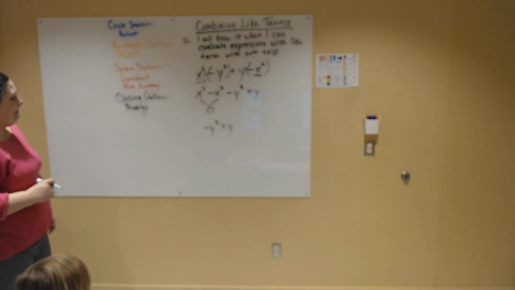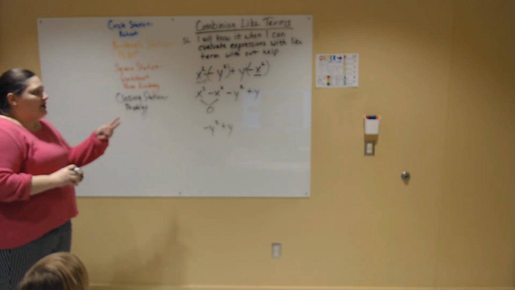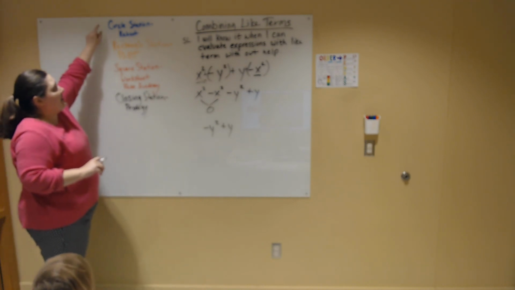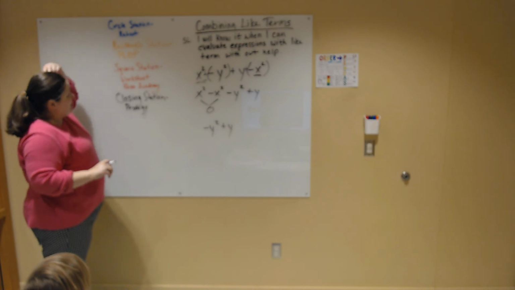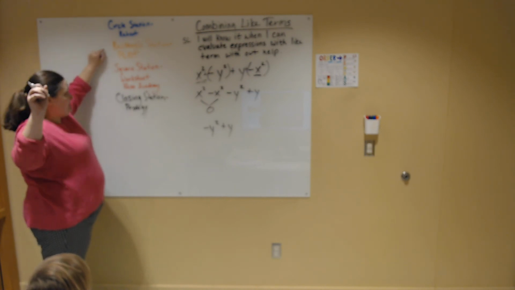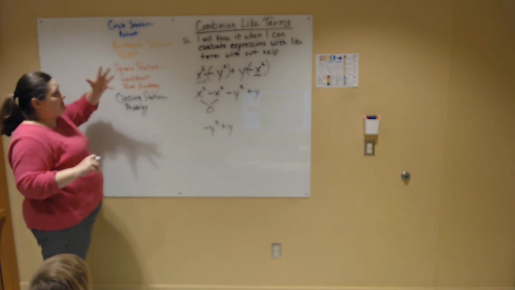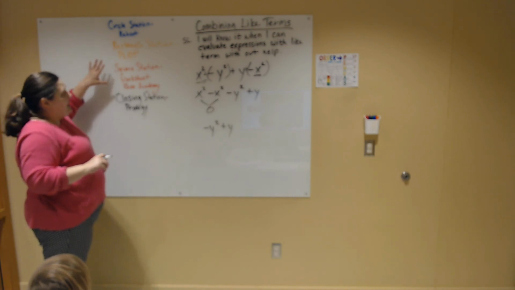Okay? We good? All right, so today, in order to practice this, we're going to go on our stations. First, our circle station is going to be a Kahoot with me. Then the rectangle station is going to be with Miss Grace. We're going to be doing an activity to help you guys get your variables down. And then we're going to have Square Station.